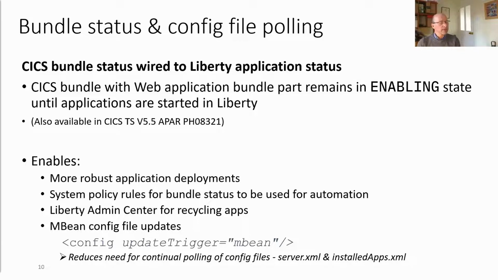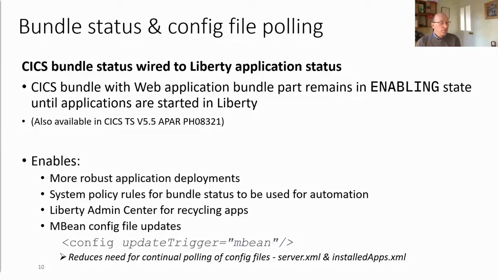So this means that the Liberty management beans can be used to trigger the install of web applications. So if you change your config to update trigger mbean as shown, that means instead of continually polling the server XML every 5 seconds, it is triggered by the mbean being triggered.